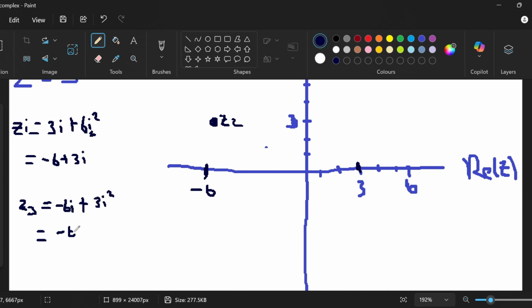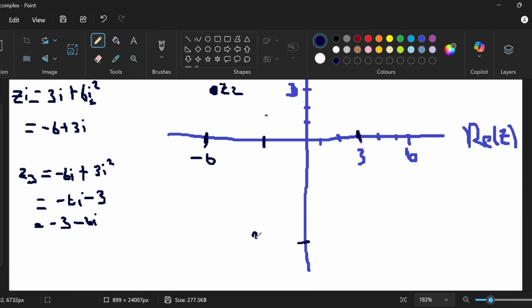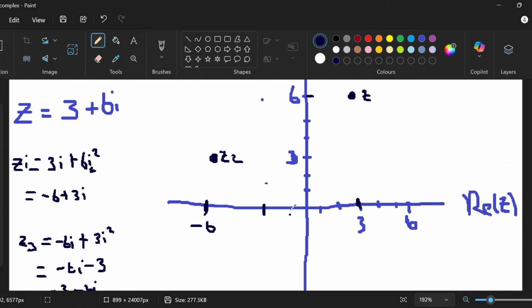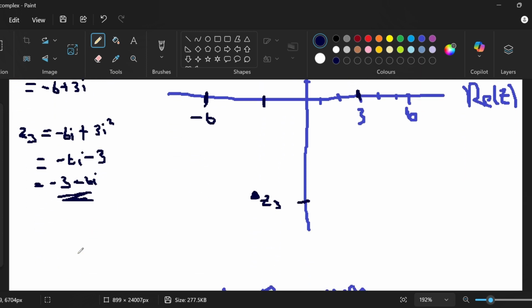So I'm going to get minus 6i minus 3, or in the standard form it would be minus 3 minus 6i. And when I go to plot this, I can go to minus 3 on my x-axis and minus 6 on my y-axis. I'm going to find myself around here. This is z3. Now you might be able to see where I'm going with this, but we're going to do one more and multiply this number by i again.